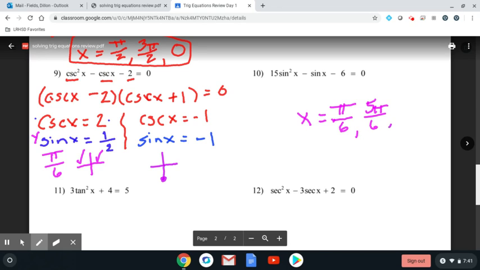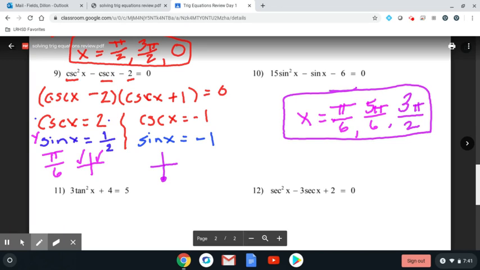So this would give us another angle measure of 3 pi over 2. So you get pi over 6, 5 pi over 6, and 3 pi over 2. Again, guys, anytime you're working with cosecant or secant or even cotangent, always flip them to turn them into sine, cosine, or tangent. And then just make sure you flip the number as well.